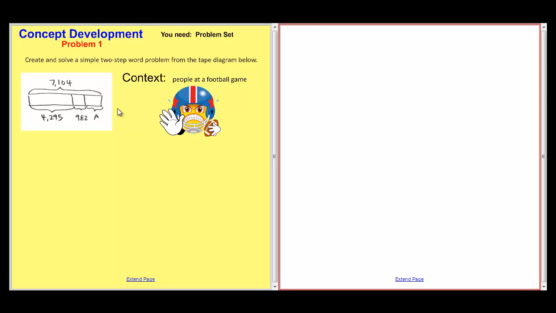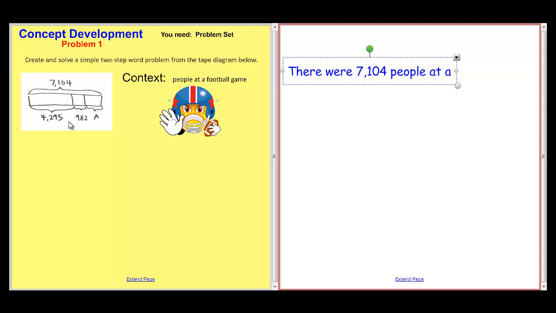Okay, so I noticed that I have a total. So since my story says something about people at a football game, I'm going to start just like I would if I was given a word problem. Usually they give you the total first. So I will say, let's say there were 7,104 people at a football game.